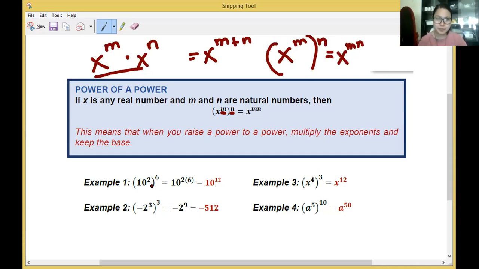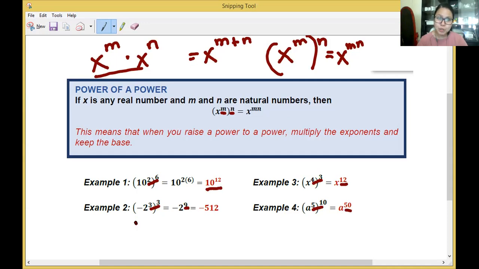For example, 2 times 6, the answer is 10 to the power of 12. Next, 3 to the power of 3, the answer is 9. 4 to the power of 3, then the answer is 12. 5 to the power of 10, that's 5 times 10. The answer is 50.